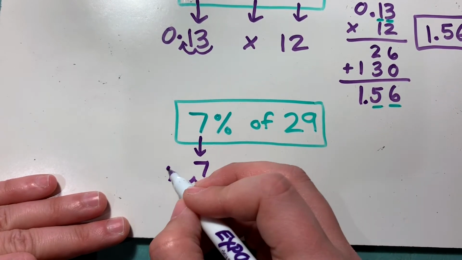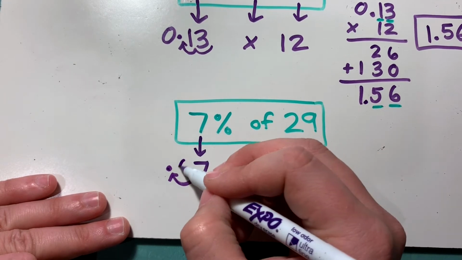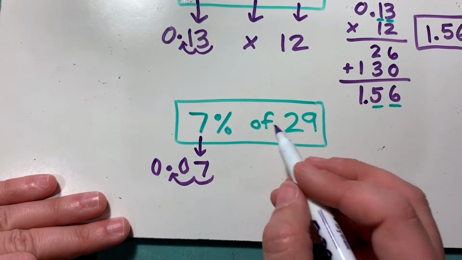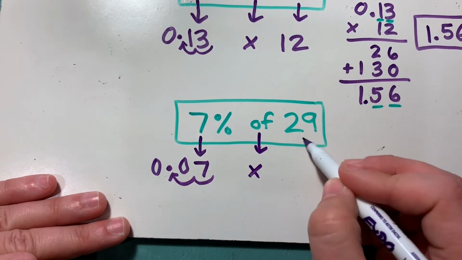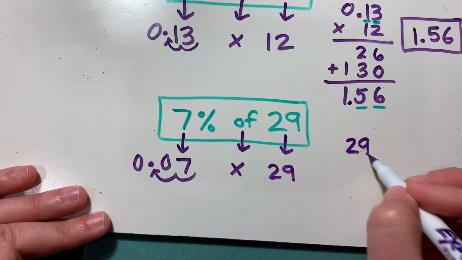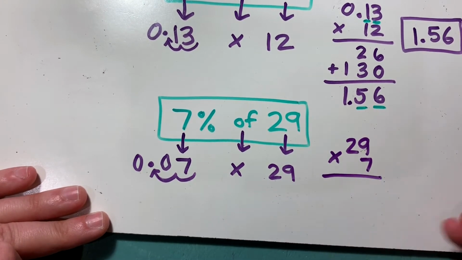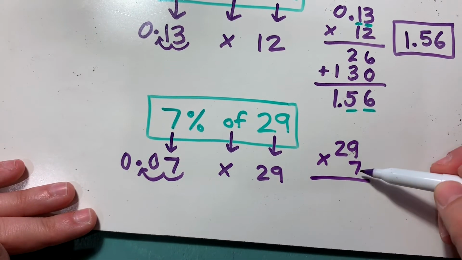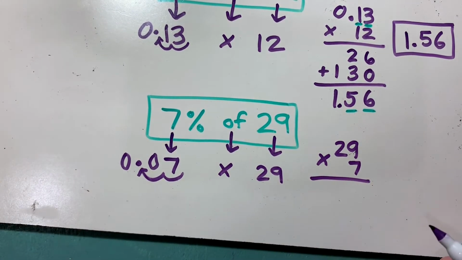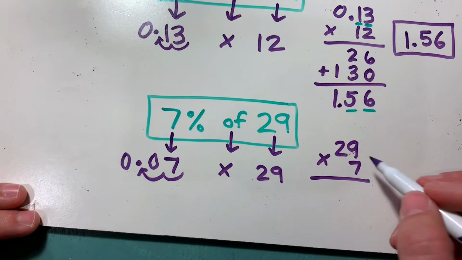That's what dividing by 100 does. So a 0 goes here and here. So I've got 7/100ths times 29. Watch how I'm going to do this efficiently. I'm going to multiply 29 times 7. I don't even need to bring the 0 and the decimal and the other 0. I can add that in at the end.